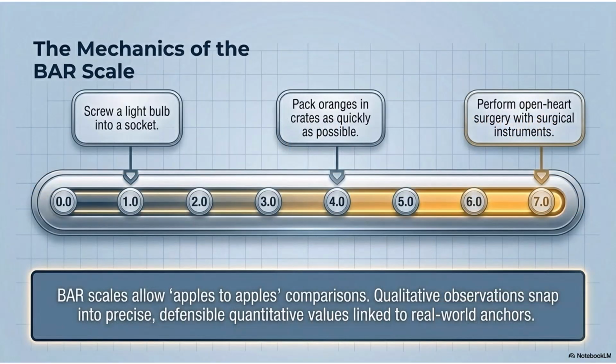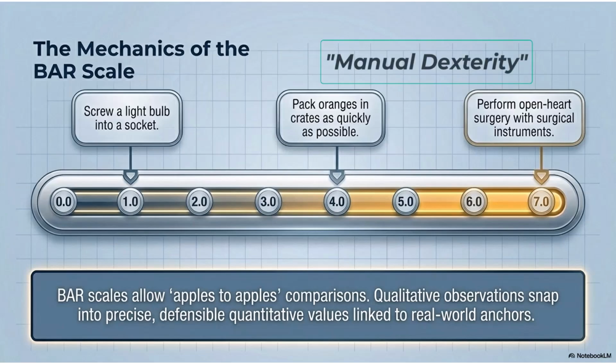The mechanics of the BAR scale are what make this translation from clinical observations to empirically defensible and quantified professional opinions. The scale ranges from 0 to 7 and uses behavioral anchors to quantify task difficulty. For instance, with regard to manual dexterity, a 1.0 equates to screwing a light bulb into a socket.